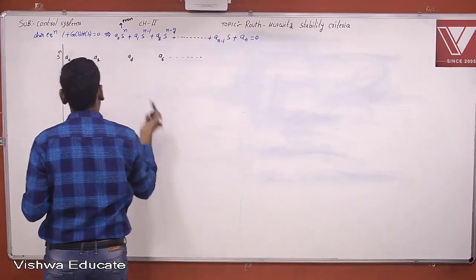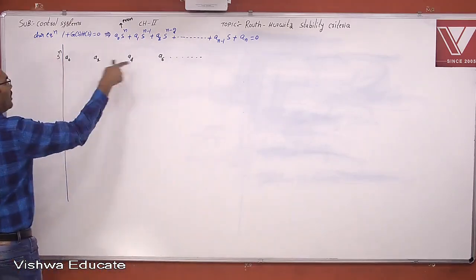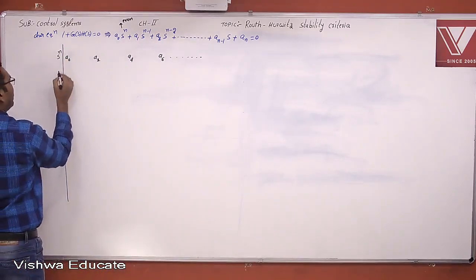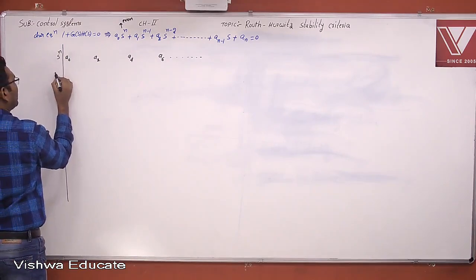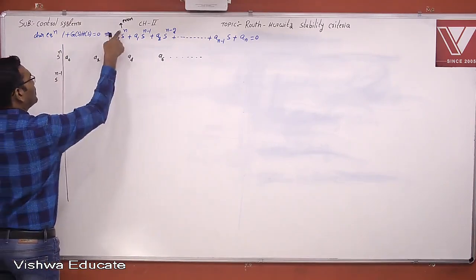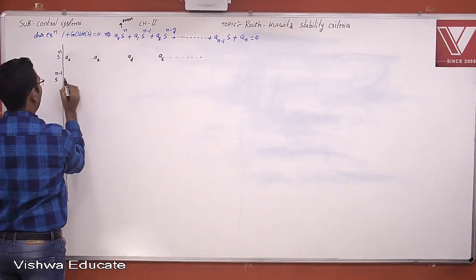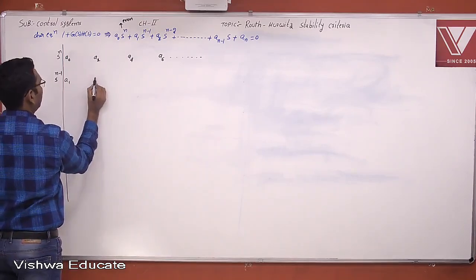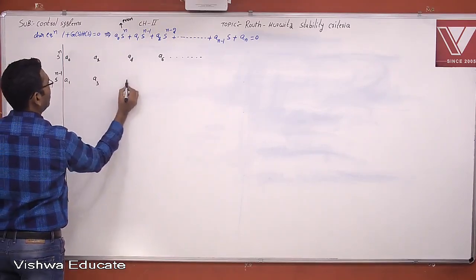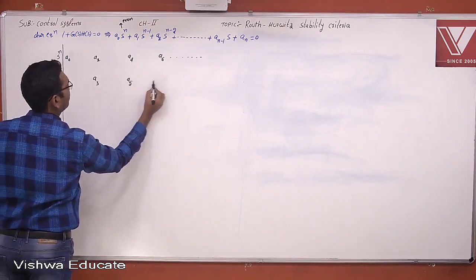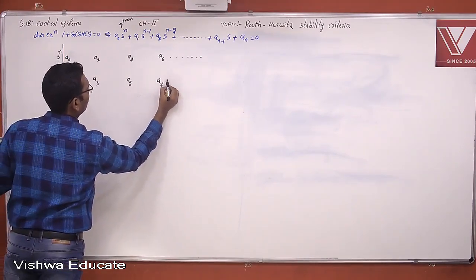Next, what is the next highest power? Definitely the next highest power is s power n minus 1. If n is even, this should be odd. Write all the odd power coefficients: a1, a3, a5, a7, like this.